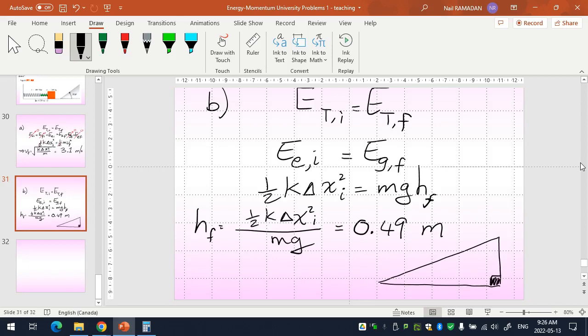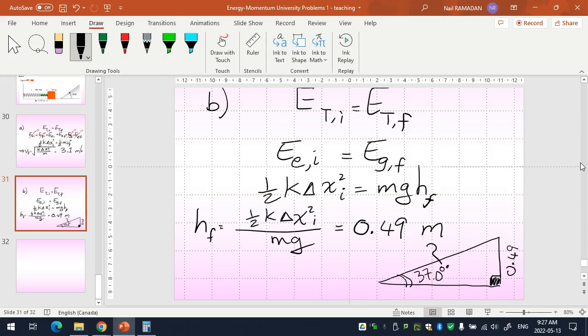What's the angle? 37.0. Okay, so we traveled up 0.49, and I'm trying to find this one.